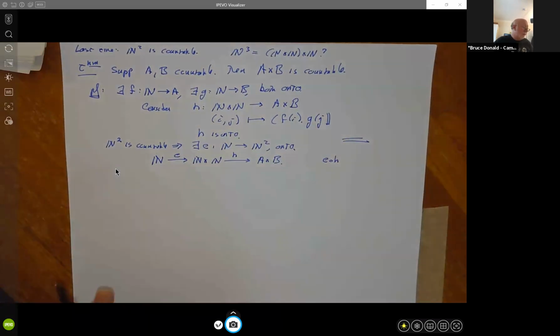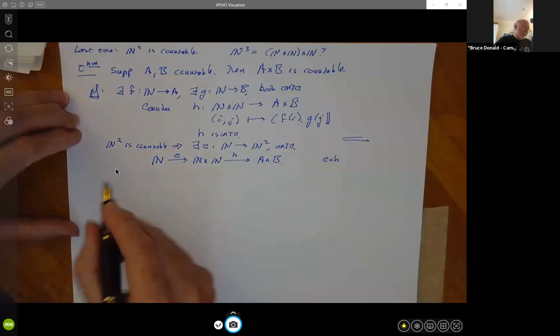So we can compose these to find a map all the way from the integers onto our new set A cross B. So this is a very nice way to show that the natural numbers cubed, for example, is countable. And kudos to Kyle, who covered this in recitation last time. I'm just going over it again.